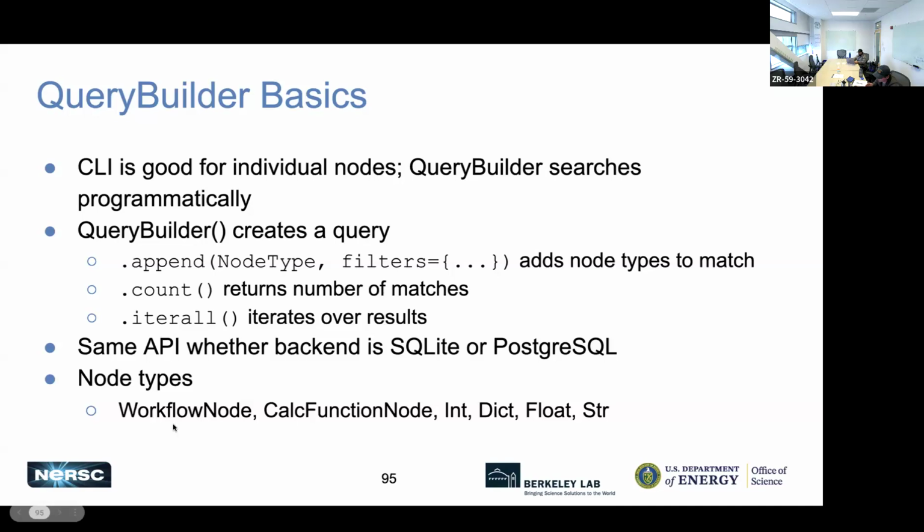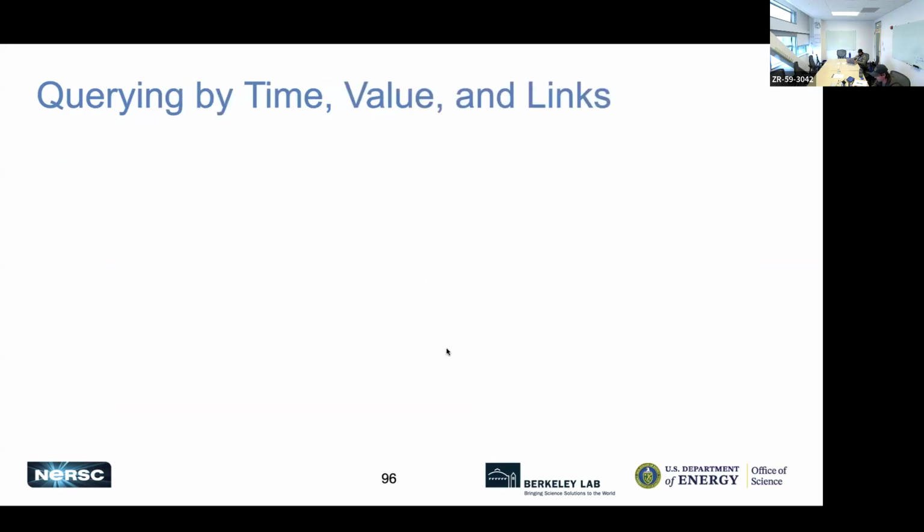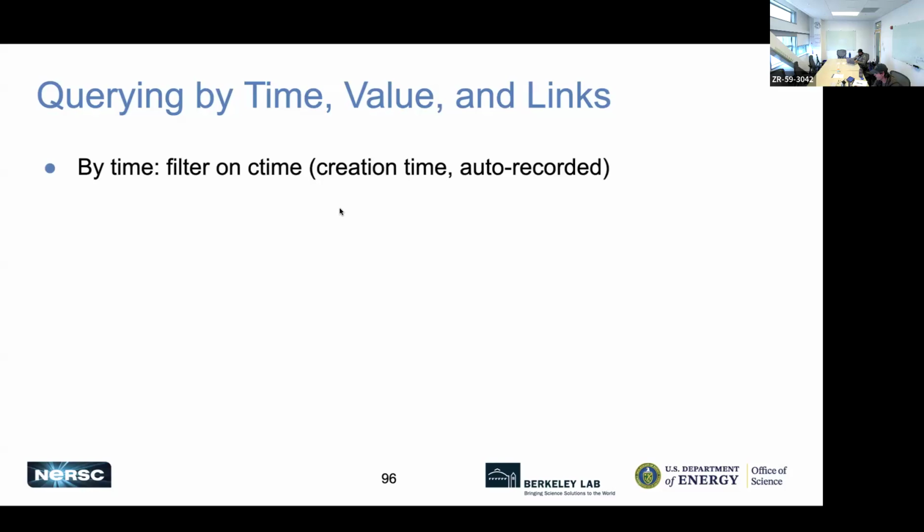And you've got access to the workflow nodes, different instances of running the workflow, the calc function nodes, different pieces inside your pipeline, and data in the form of integers, dictionaries, floats, strings. You can query based on the time that things happened.